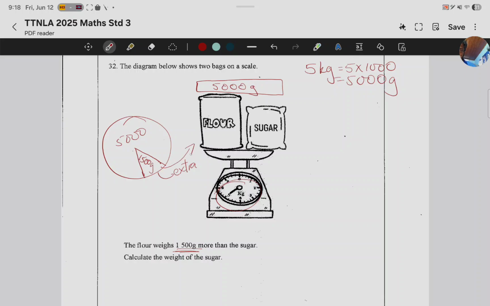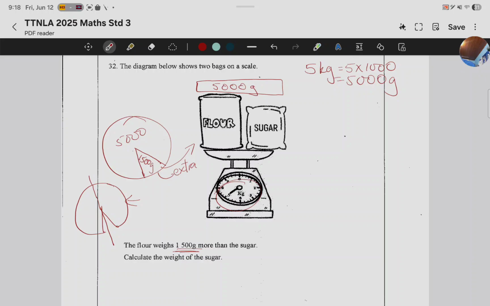So this going to the flour. So then we have the remainder here, which is this. We have the remaining part that is going to be split between these 2 items, the flour and the sugar. So now we need to find out how much is this remaining part.